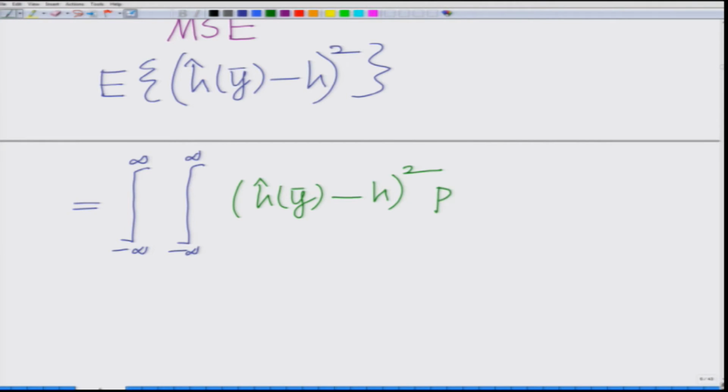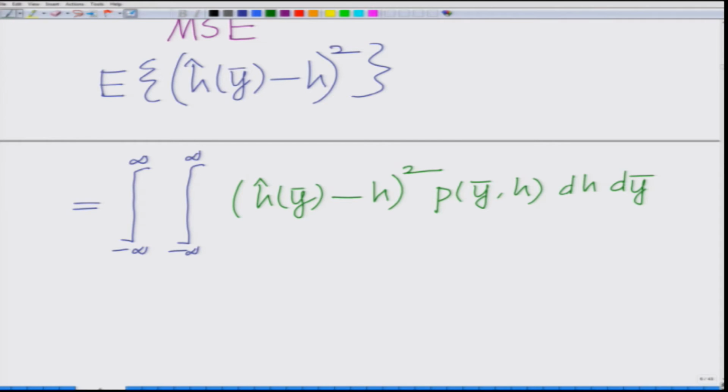I have to average this over the joint probability density function of the parameter and the observation.